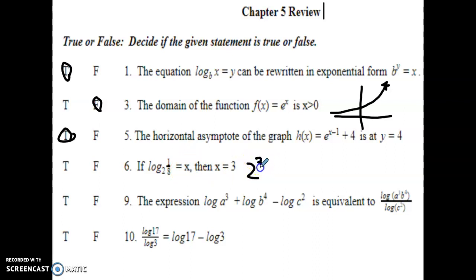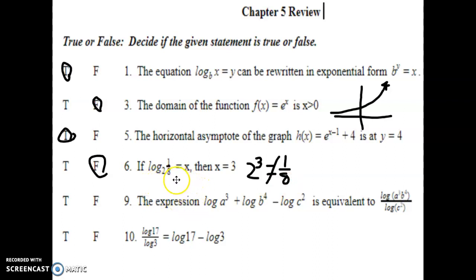So the power is 3, and that should equal 1/8. But that is not true. So this is false. Now, if it would have been a negative 3, because 2 to the third is 8, but that negative would have shifted the 8 down to the denominator, then it would have been okay. But as x equals positive 3, that's not right.